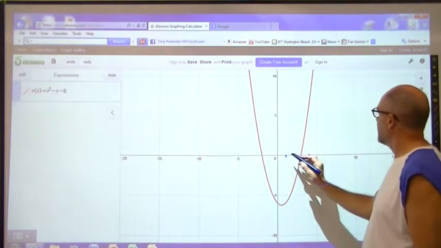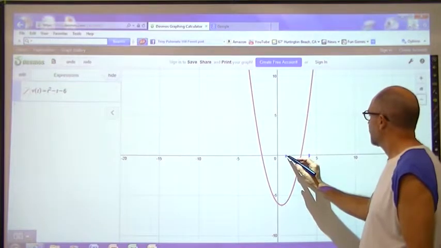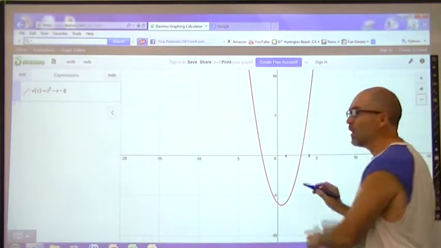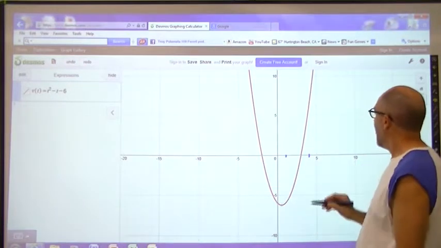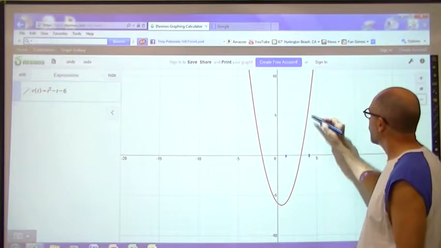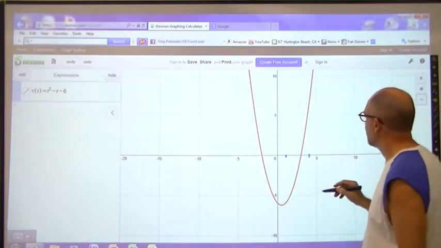Now notice, between t equals 1 and t equals 3, the curve is below the x-axis. And then from t equals 3 to t equals 4, the curve is above the x-axis.